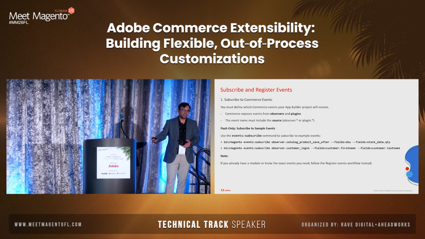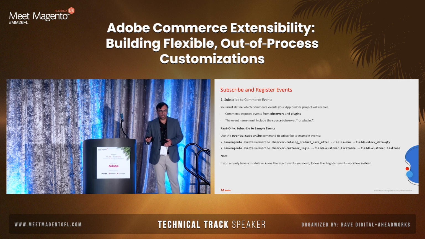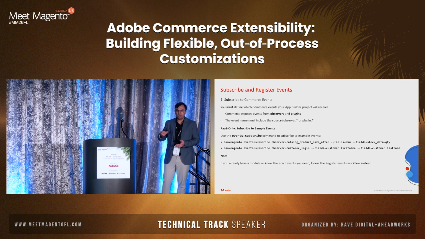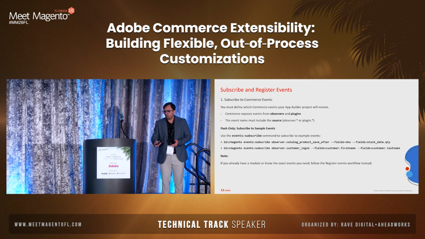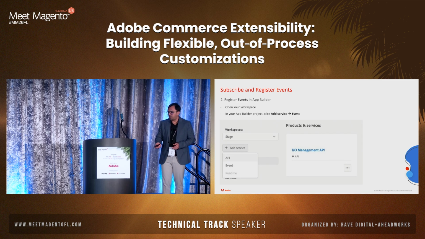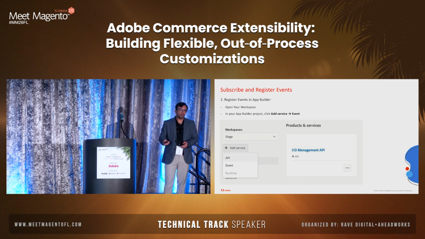Most of my examples are on Adobe Commerce Cloud or a PaaS instance. If you are using a SaaS solution, then you have a backend UI where you can subscribe to your events. Once the event is subscribed, you just have to register your event.